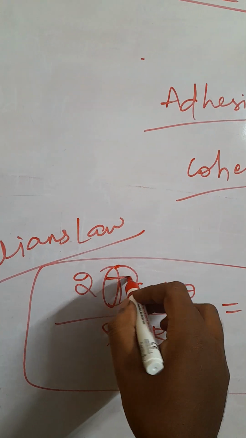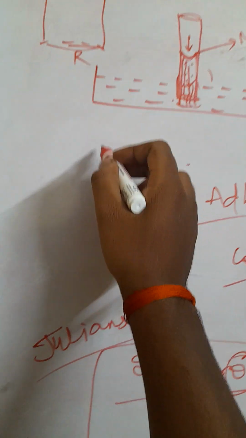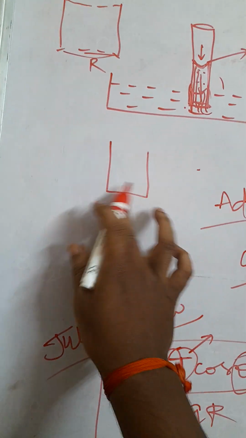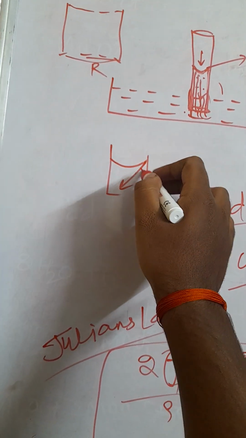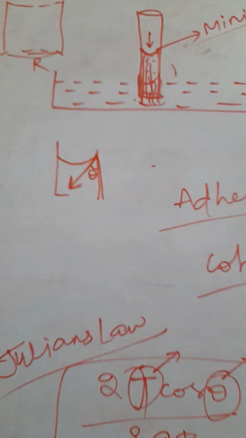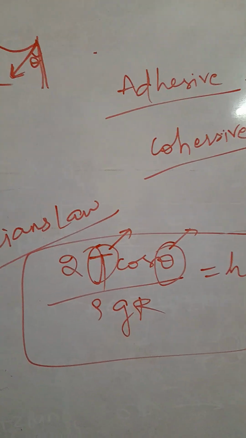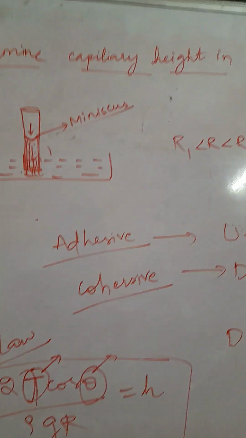This is the surface tension of the liquid, and theta is the angle for the meniscus. If I take a separate diagram here, the angle it makes with the surface of the glass tube, the meniscus angle, is nothing but theta. So this is the formula which would be used to find the capillary height.